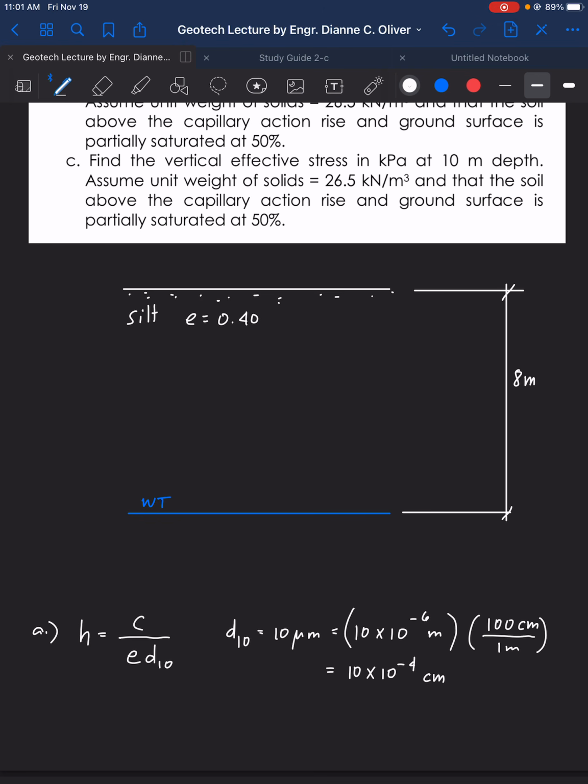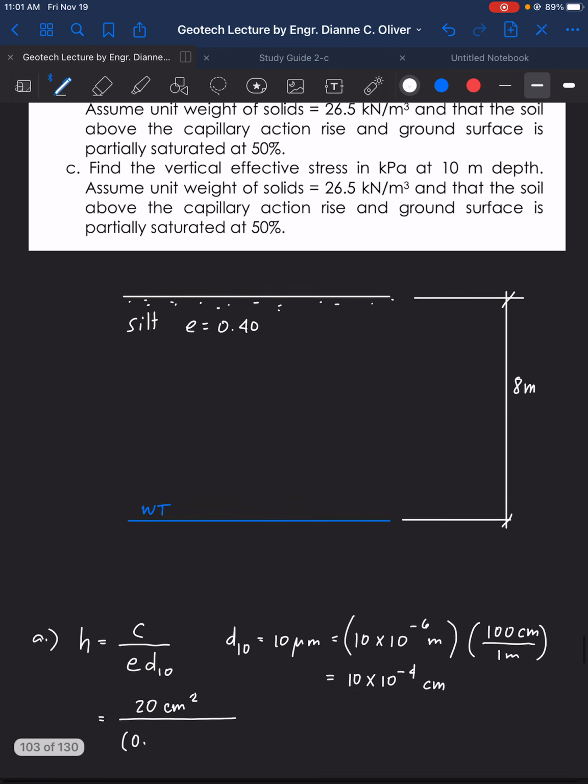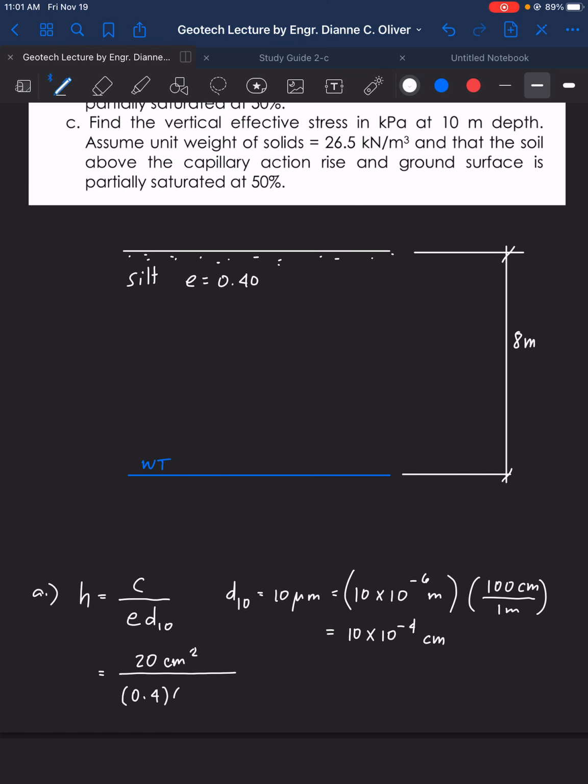So we have here C as 20 square centimeters, e, or void ratio, is 0.40, and then D sub 10 is 10 times 10 raised to negative 4 centimeter. So we have here 20 over 0.4 times 10 times 10 to the negative 4.